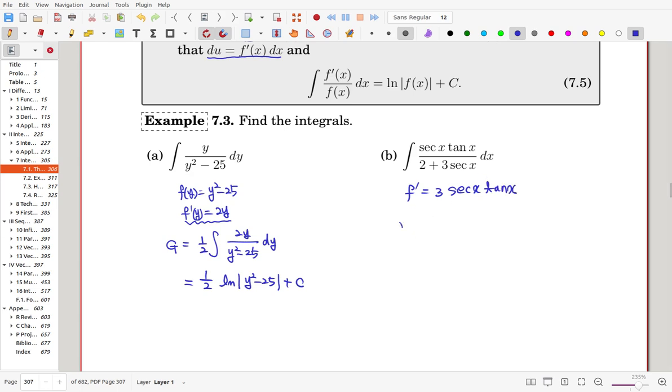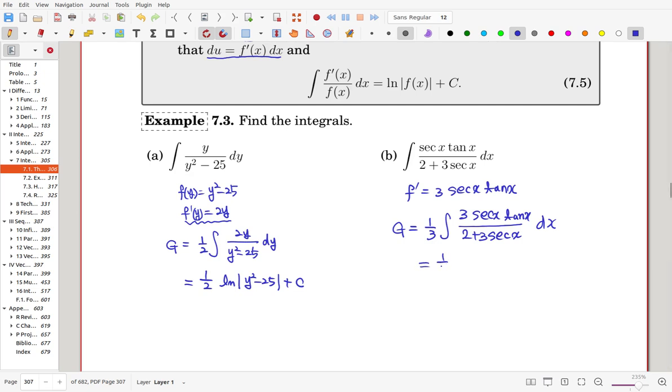So here the given integral can be written in this way: the integral with 2 plus 3 sec x on the bottom, and its derivative 3 sec x tan x dx on top. Now the extra term is 3, so we have to put 1/3 here, then they are the same.